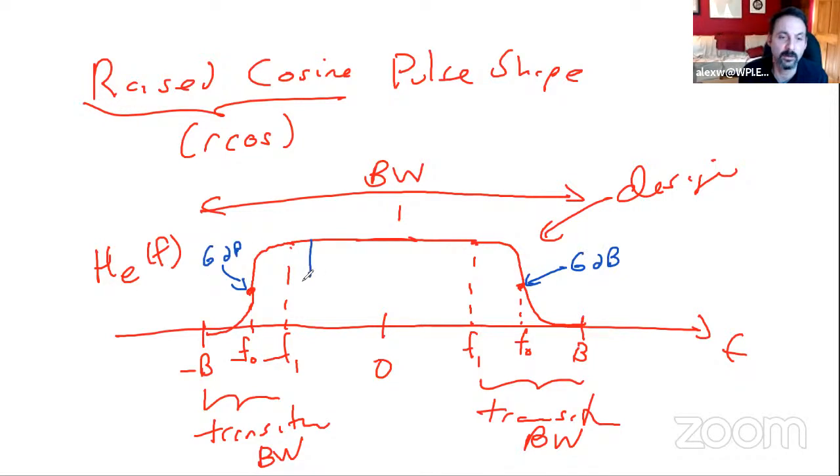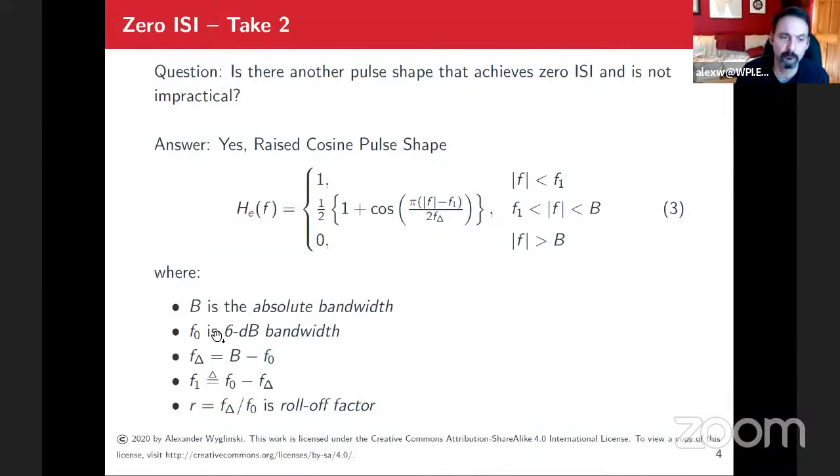It's 50% down from the plateau, from the passband region. So if you do that, you have the 6 dB bandwidth, you have the absolute bandwidth, then you also have this thing, right, which is the delta, the F delta.